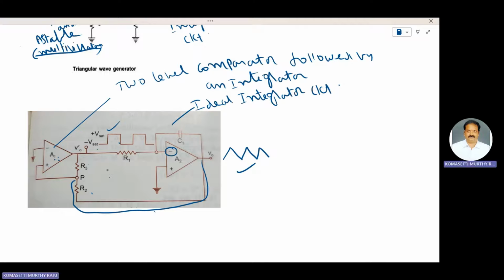Let us consider that power is switched on. Therefore, output V0 dash is equal to plus V sat. Draw that waveform here.